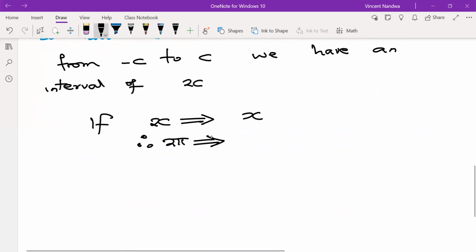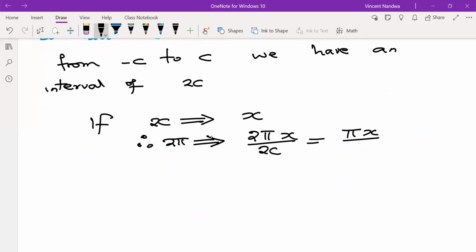So we cross multiply and we'll have 2 pi times x divided by 2c, which will give us pi x over c. So it means that for any given arbitrary value of x in formula 1, its corresponding value is pi x over c in this second case where the function is defined from minus c to c.